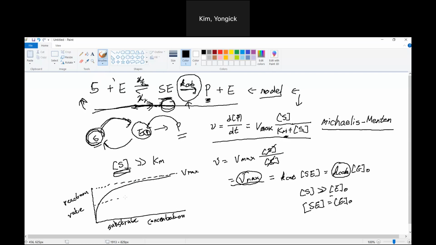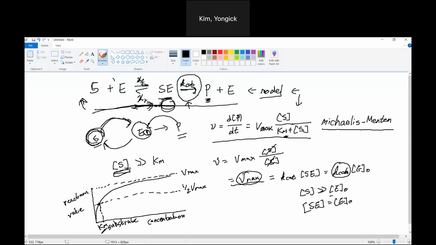And then you can also calculate the half Vmax. So the concentration at half Vmax will be the Km here.